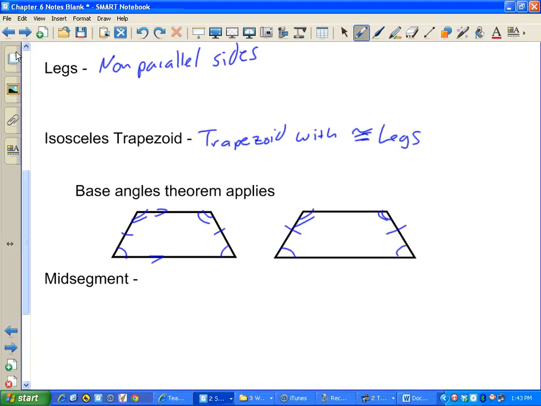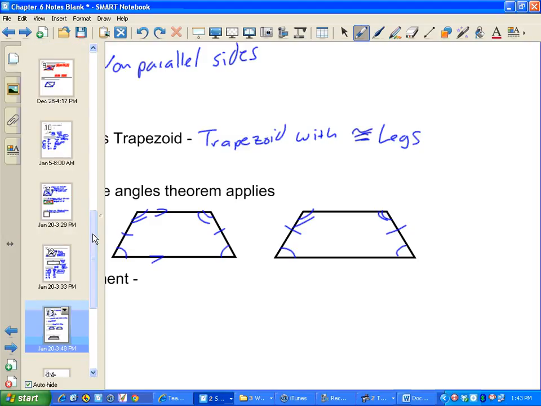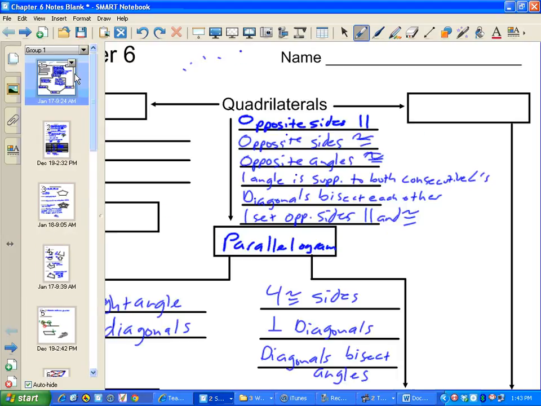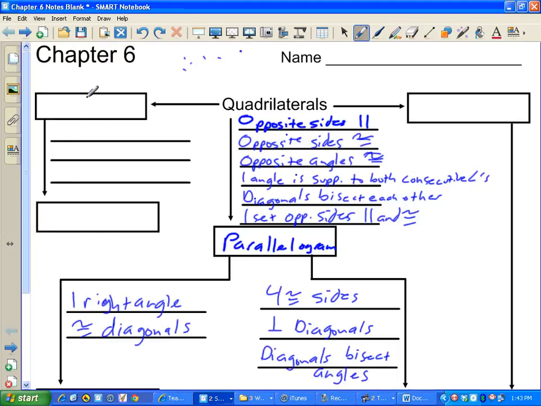Okay, so let's fill in the front here with our trapezoid. Our trapezoid's going to take this spot here. The thing that brings us over here is one set of parallel opposite sides.